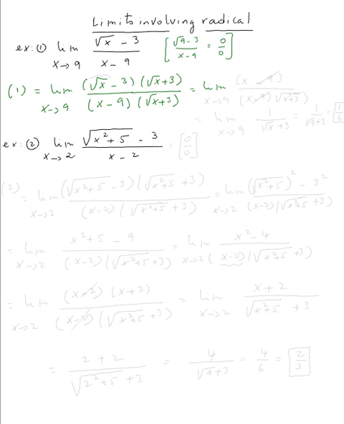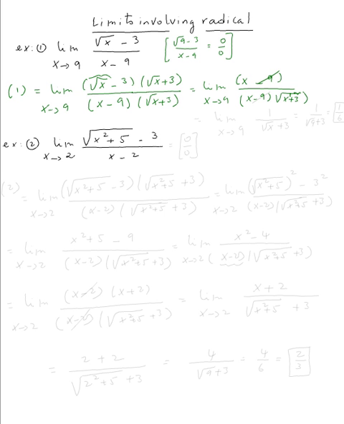If we FOIL the top, this is like a minus b times a plus b, so it's a difference of squares. The square root of x squared is just x, and 3 squared is 9, so we get x minus 9, divided by x minus 9 times the factor of square root of x plus 3, as x approaches 9.